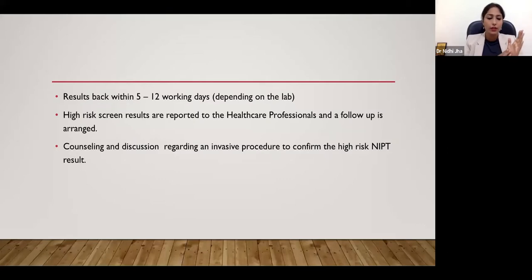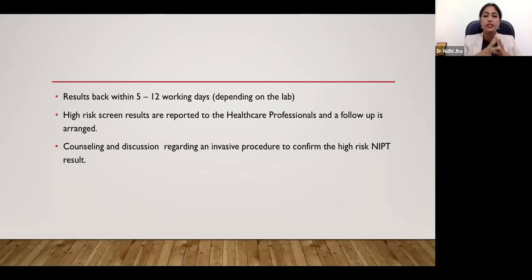So your work starts even before the conception, and if you have sent a sample for NIPT and that NIPT has come high risk, because as Dr. Poonam said and as previously discussed, NIPT is a very sensitive, non-invasive tool, but still it is not a diagnostic method.